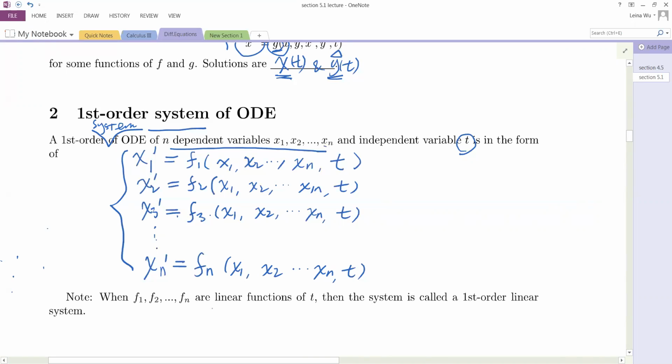If all of these functions are linear, you guys know what's linear? Yeah, only raised to the first power, not squares and cubes. Then the system is called a first order linear system.